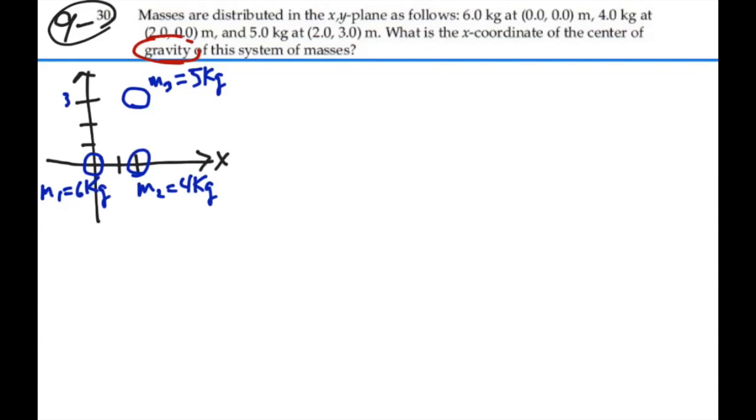So we want to find the x center of mass, which is going to be the summation of all the masses multiplied by their positions, over the total mass of the system.